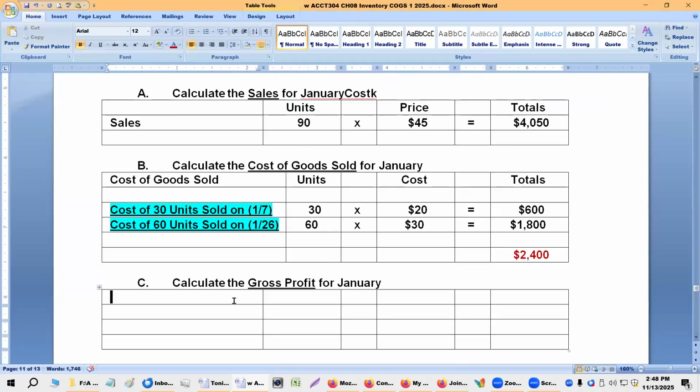All right, let's see our sales. $4,050. Our cost of goods sold.